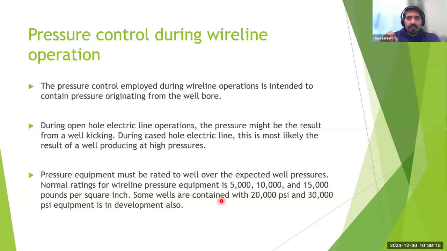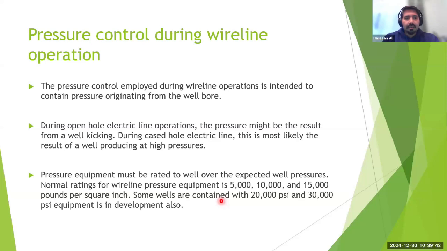That means there can be a sudden influx of hydrocarbons into the wellbore. So during the cased hole operations, we have to be cognizant of the fact that your well barriers need to be present. That means your BOP needs to be present. You need to have all the controls in place so that a well kick does not result in a well blowout.